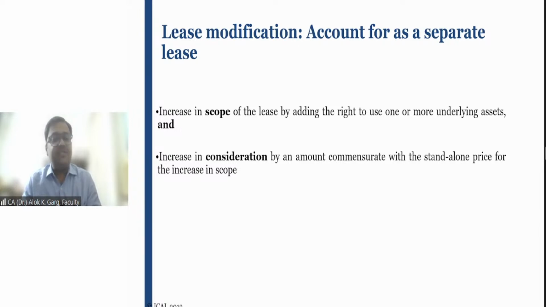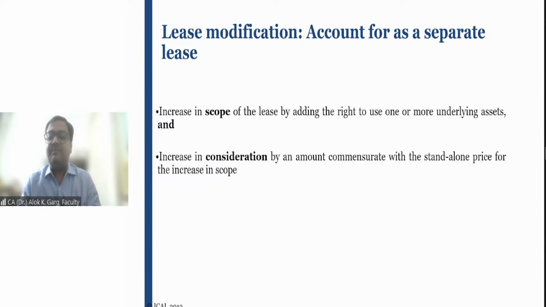Friends, when you see commercial contracts, all commercial contracts are generally on a per square feet basis. Whenever you see contracts in malls, retail space, or office space, generally it is on a per square feet basis. For example, for 10,000 square feet, the lessee is paying 50 rupees per square feet. So what is the total lease rental? 50 multiplied by 10,000, 5 lakh rupees.